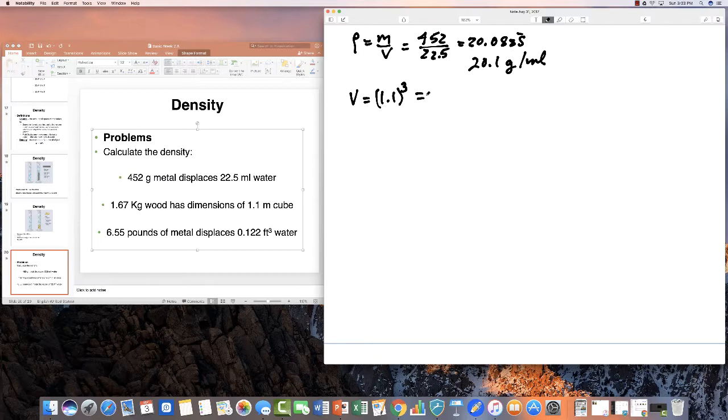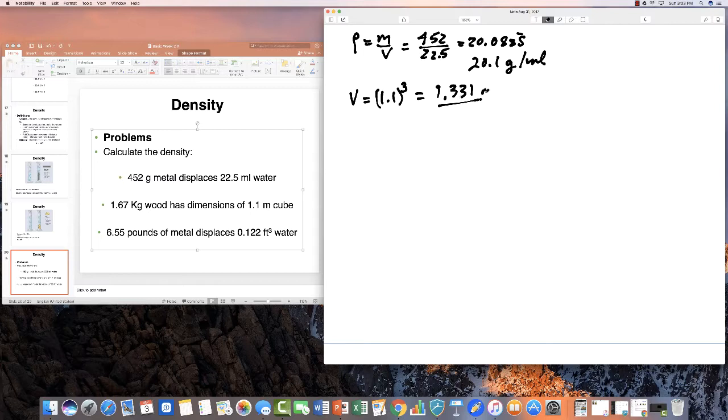So the volume here is going to be 1.1 times 1.1 times 1.1, or 1.331. Now, I don't do significant digits in an intermediate calculation. I only do it at the end, okay? So I don't round this up or down to 1.3 because you compound your error if you do that.